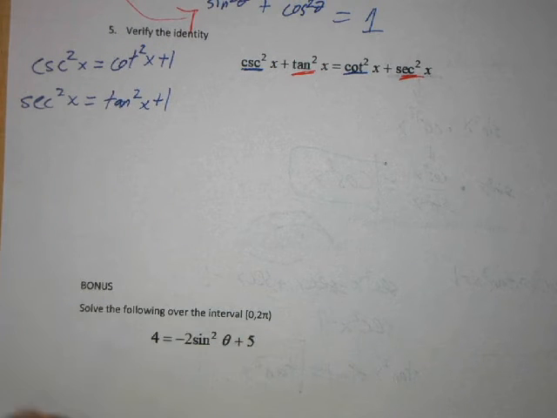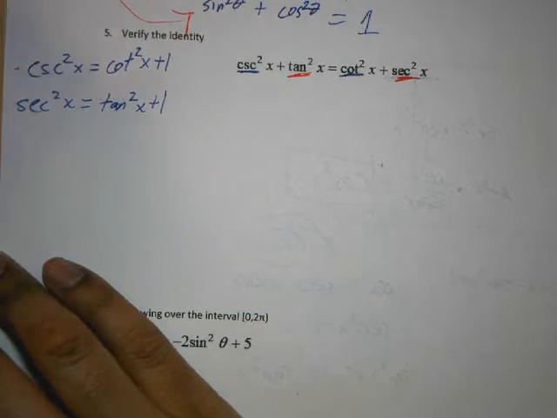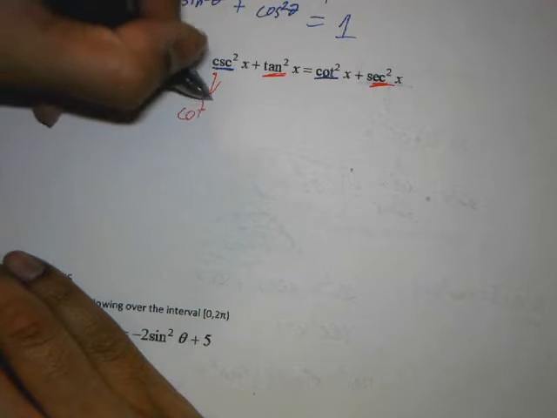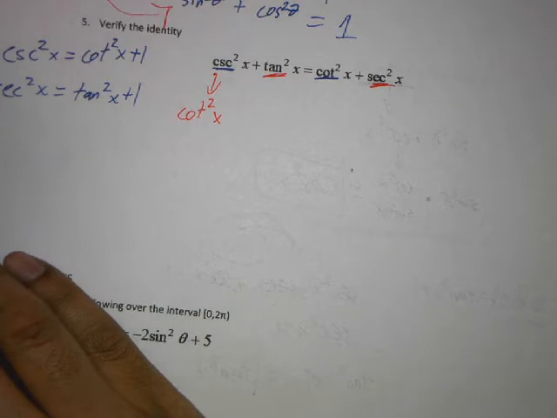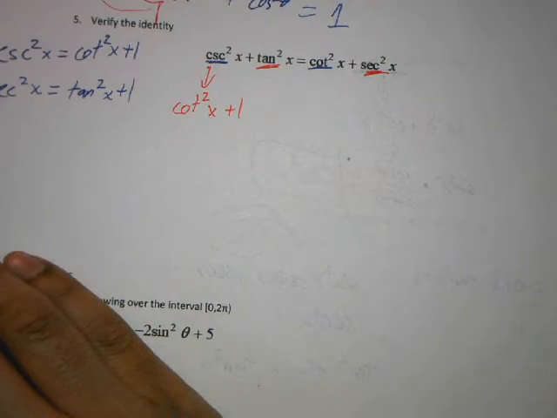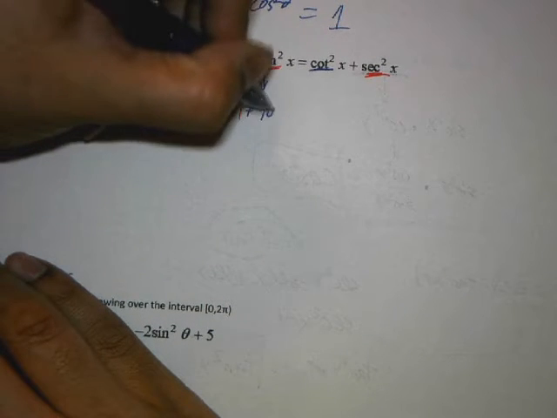Okay, so watch what I'm going to do. I'm going to lead out with the cosecant identity, and I'll just replace it over here. If I plug that in, this is going to become cotangent squared x plus 1, and this other piece will come down, still just tangent squared.